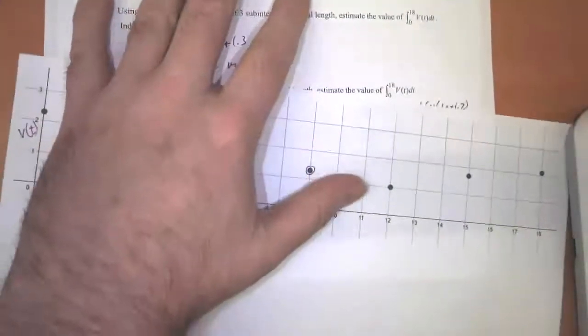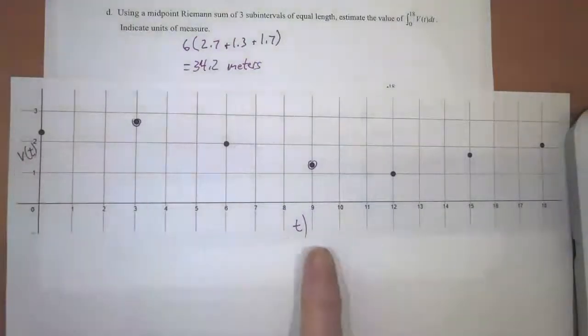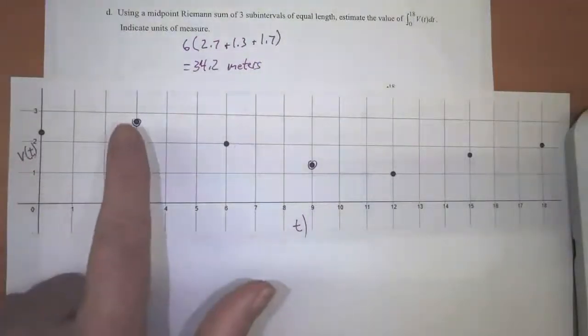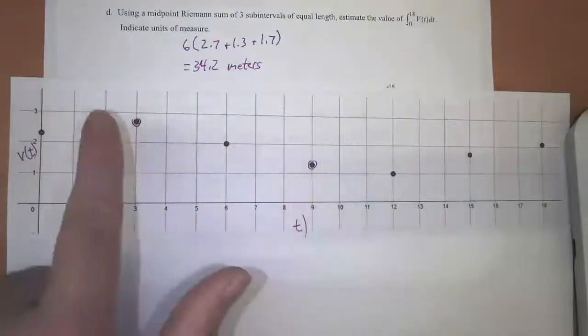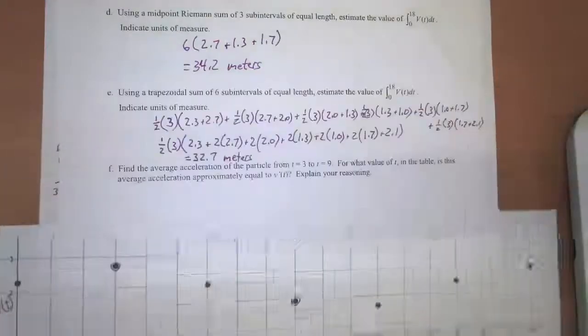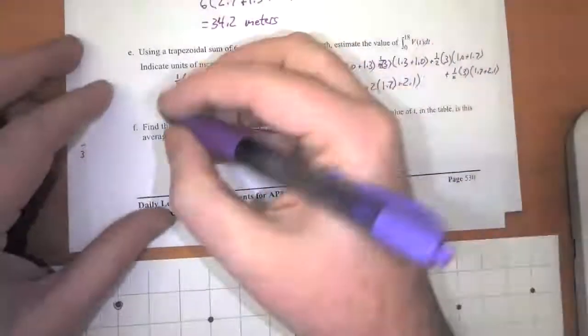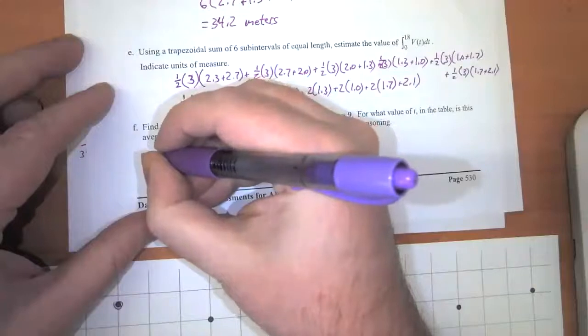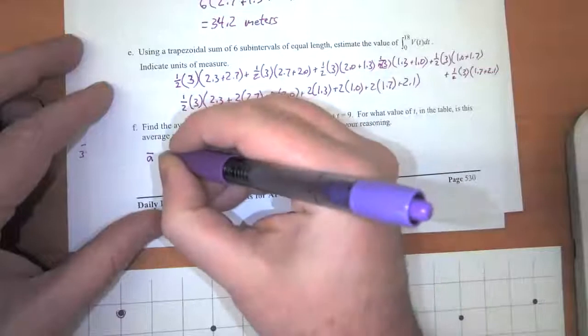Well, we can remember that acceleration is the derivative of velocity. And so they're talking about what is the slope of the line between these 2 points as being the average acceleration.